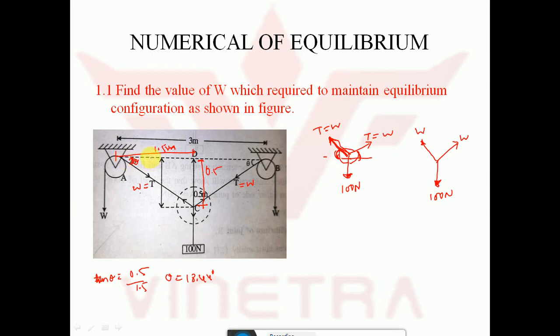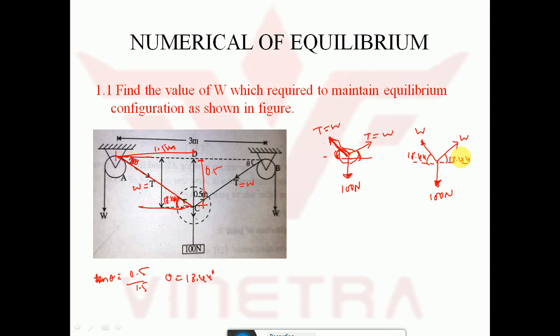So see here, if I draw the Z here, as I said in the last problem, this angle will be the same, 18.44. So this is the angle this weight is making, 18.44. This is also the same, from 1.5 and 0.5, so this will also be equal to 18.44.